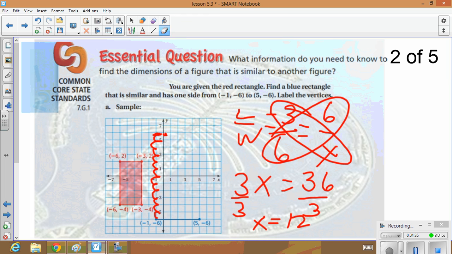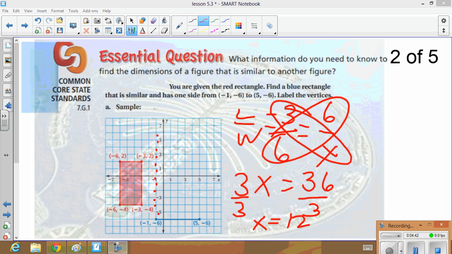Oops, that's in the wrong position. Okay, so here's my 12th spot. Sorry, I just counted wrong a second ago. So from -1, -6, I counted straight up 12 units. So my point is right here where I'm coloring in.